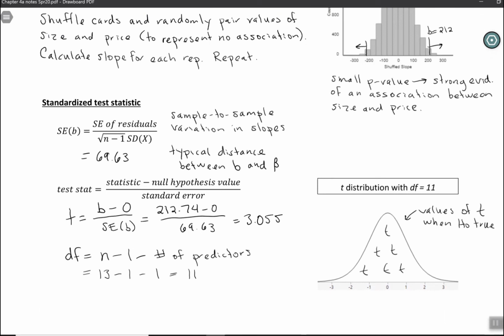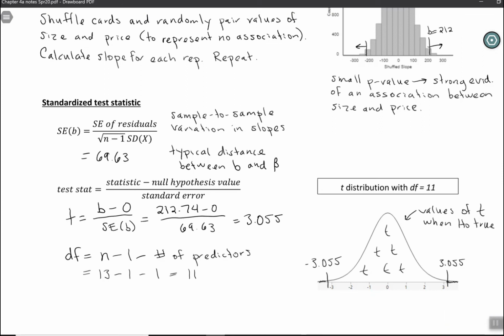So we can look at this and see if our t statistic is likely or not. I'm finding 3.055, and because this is a two-sided test, I'm going to do both sides. So basically you would be shading the area more extreme than your test statistic.